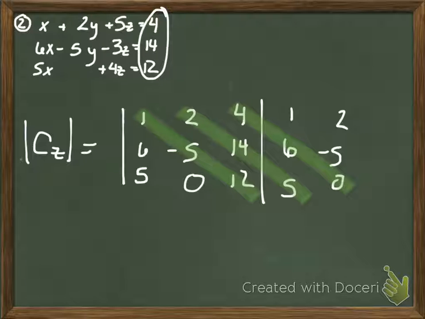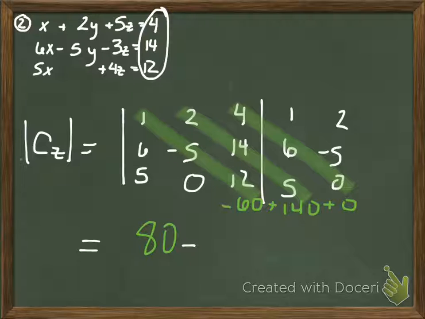And so we're going to do our downs minus our ups. Our first down is negative 60. Our next down is 140. Our last down is 0. And so negative 60 plus 140 plus 0 is 80. Now let's do our ups.